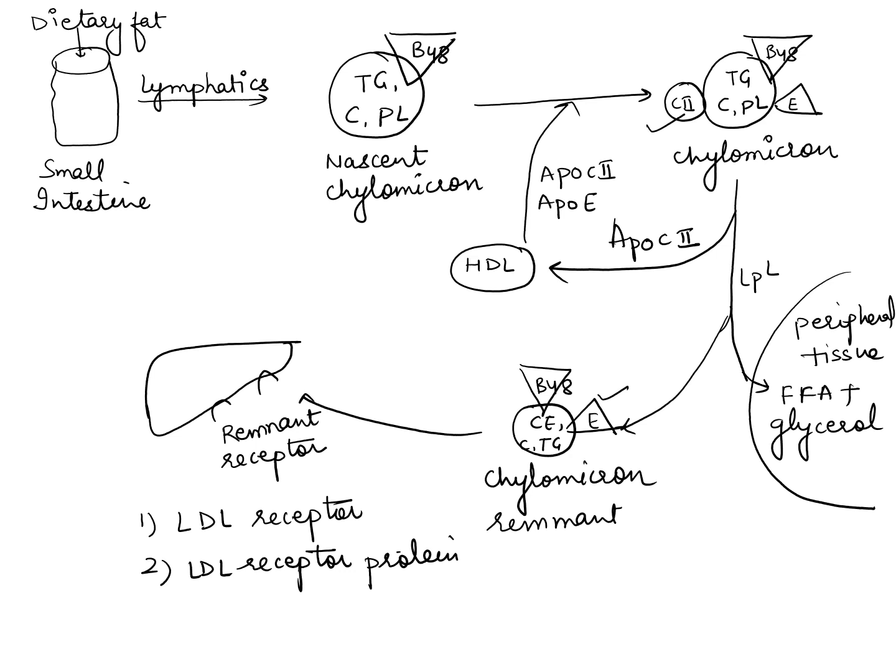These receptors are recognized by ApoE, and by these receptors the liver takes up the chylomicron remnant. So the next step is uptake of chylomicron remnant by the liver. So these are the four steps of chylomicron metabolism.